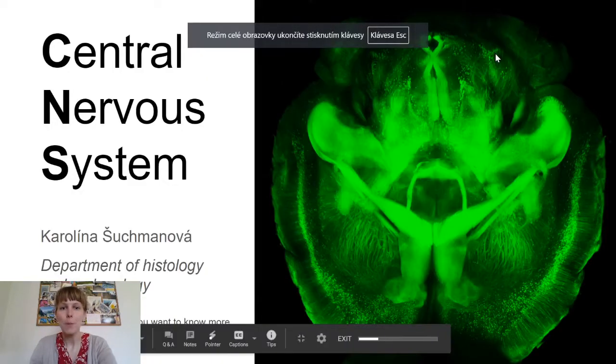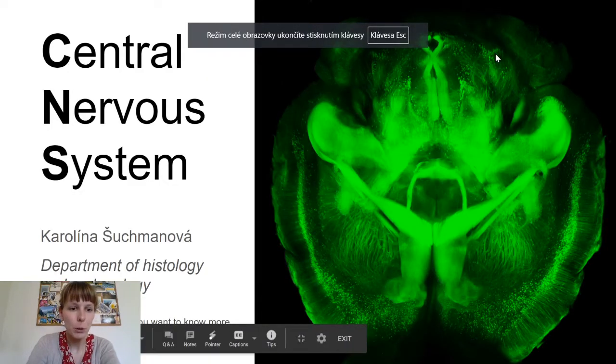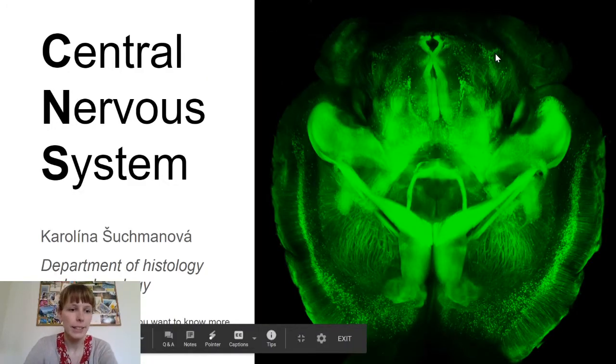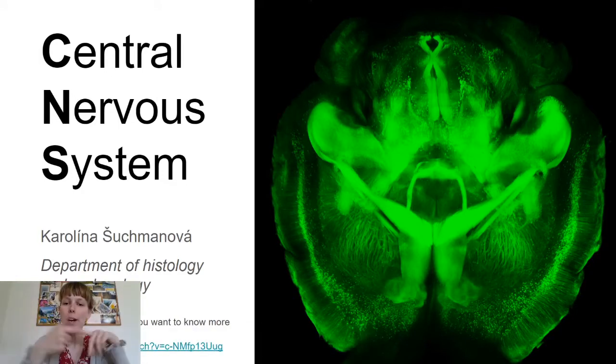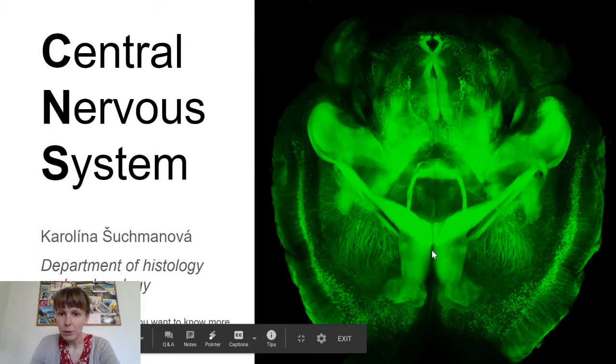So let's start. The central nervous system we will be talking about, and we will be looking at slides from the brain and the spinal cord. This is just a nice introduction picture from the Clarity method. You can watch the YouTube video, which is pretty cool. This is a mouse brain made transparent, and you actually see all the neurons and the tracts of the white matter going around.